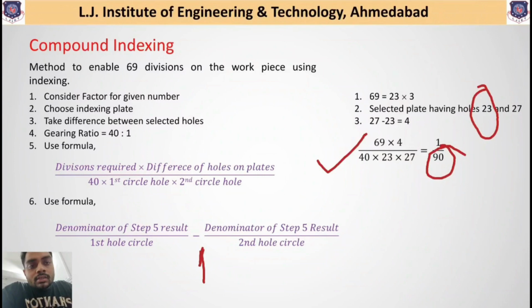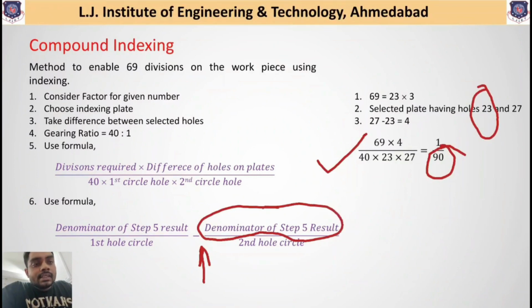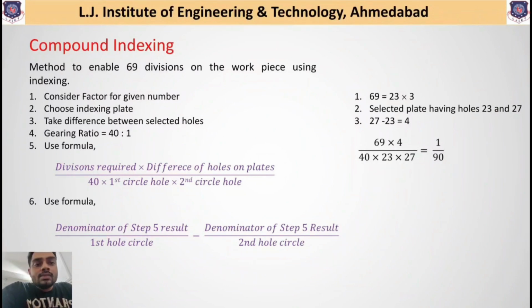Over here the sign is minus, never change this sign, this is the standard way. So minus denominator of step 5 result, again that is nothing but the 90, divided by the second hole circle, and this second hole circle is nothing but the 27. So we have all the values available.